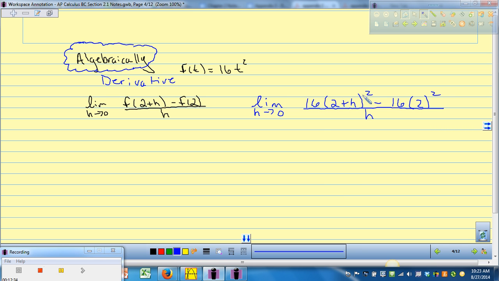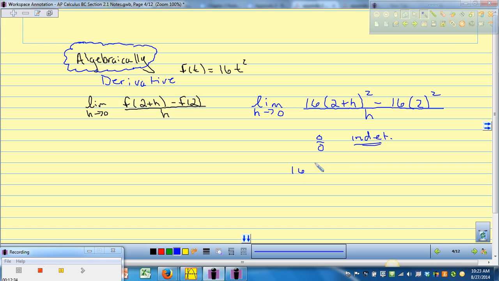So what do we need to do here? If I plug in right now, what do I get? We get 0 over 0, our indeterminate form. So now what? Foil and simplify and cancel where we can.